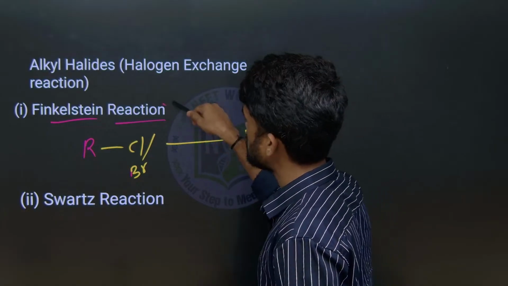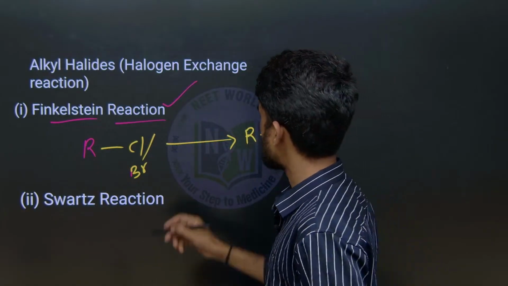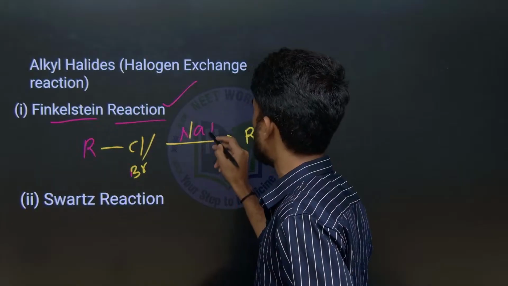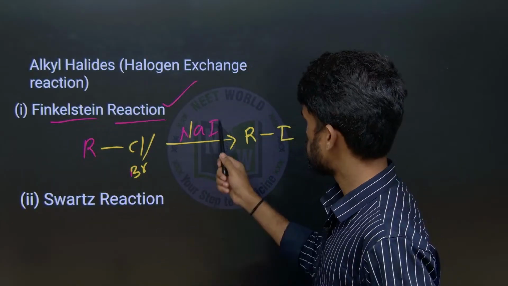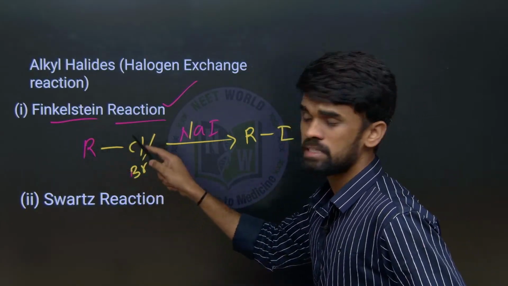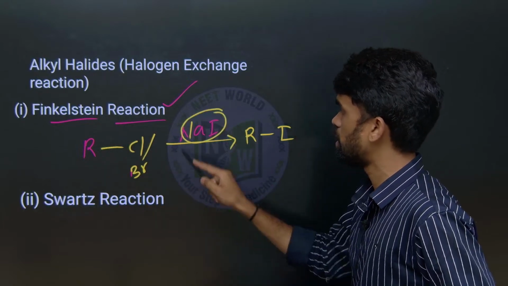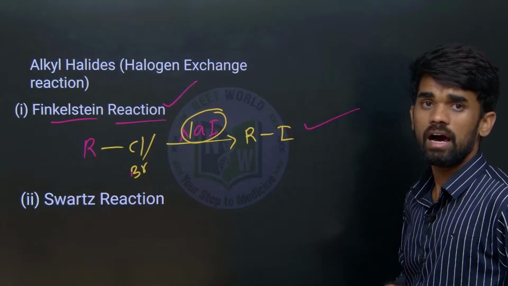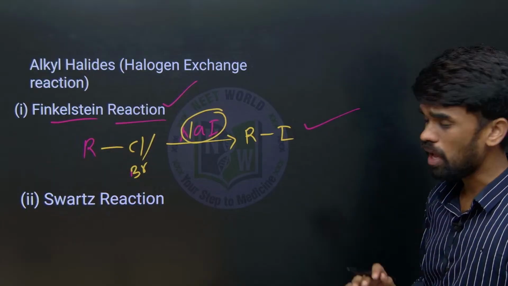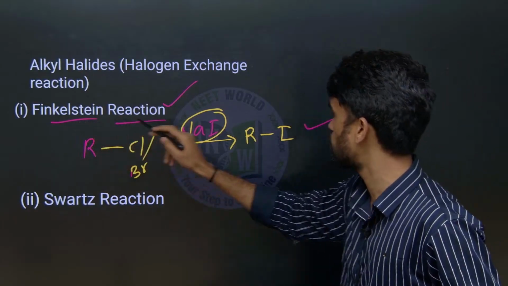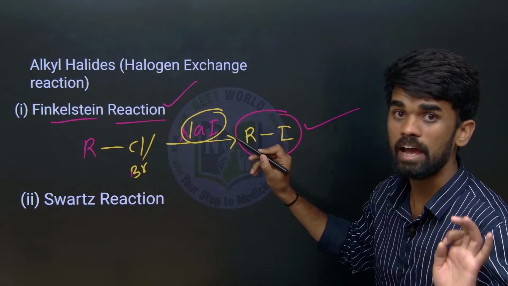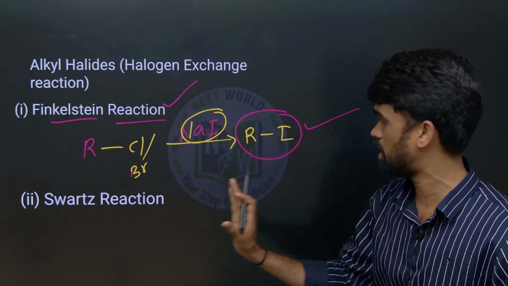This reaction is the Finkelstein reaction. Here we will be using NaI. Sodium iodide, when treated with alkyl chlorides or alkyl bromides, will generate alkyl iodides. I hope it is clear. The Finkelstein reaction is for preparation of alkyl iodides. Remember this single statement, it's enough.